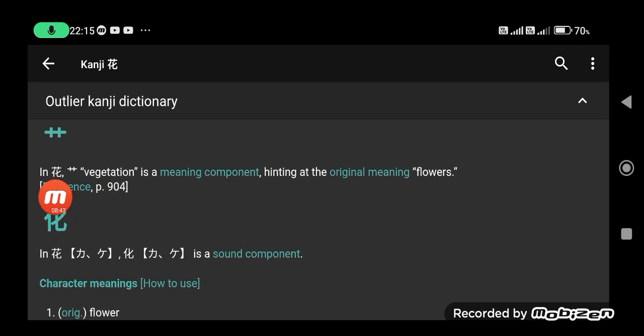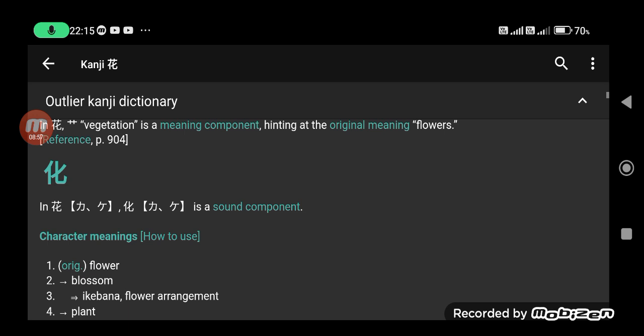In this subject kanji, the plant or grass or vegetation is the meaning component, which hints at the original meaning, flowers. And this radical here is simply a sound component giving the sound.